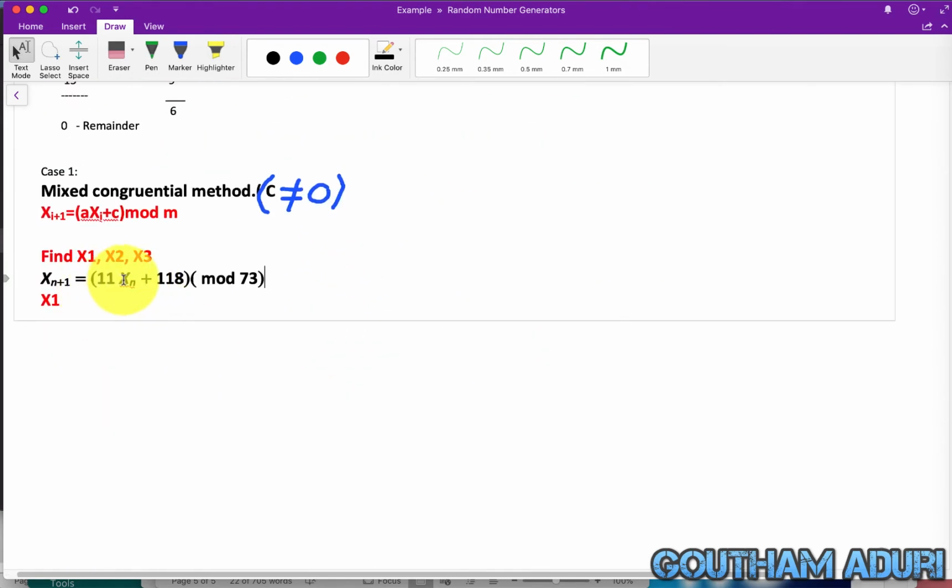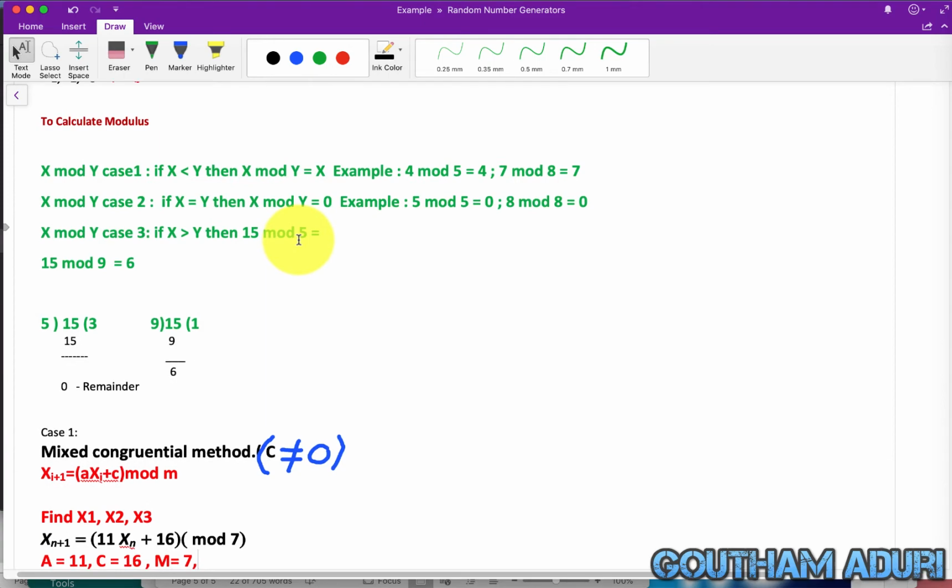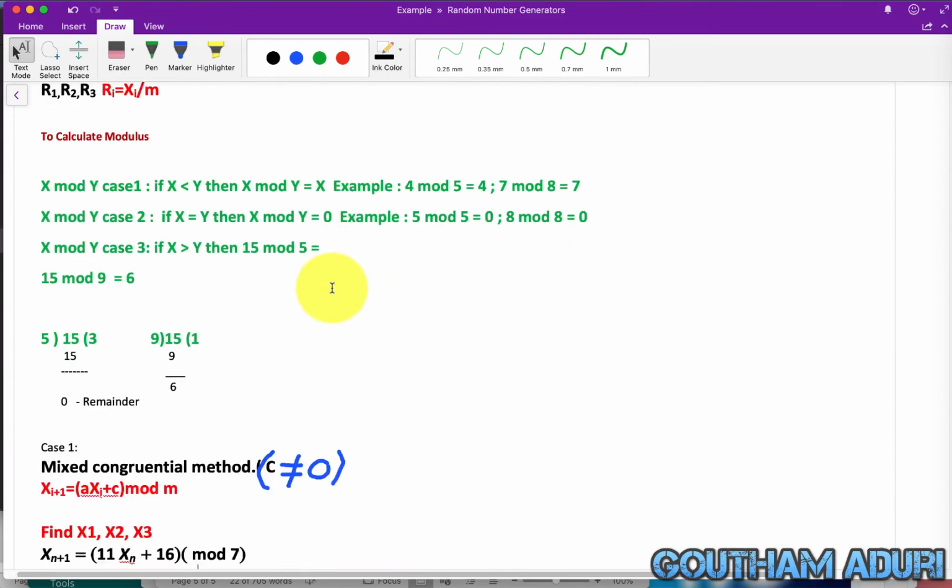I'll just change the values here to make it easy: 16 should be 11, mod 7, no problem. From this equation, A is 11, C is 16 and M is 7. So these are the multiplier, increment and the modulus. Now x0, given from this equation, is 17.